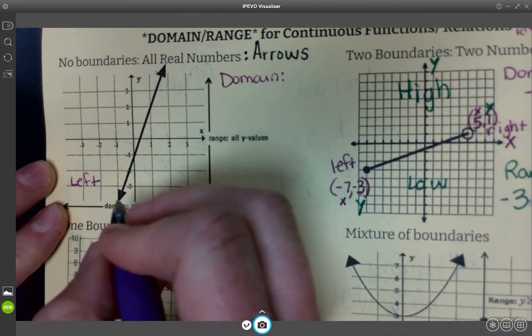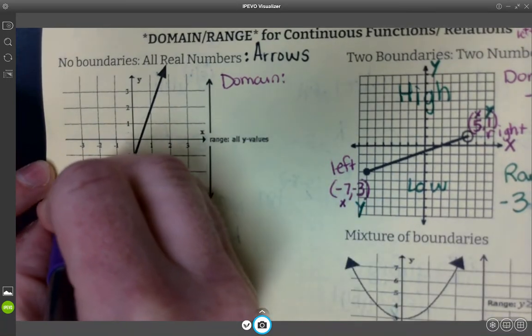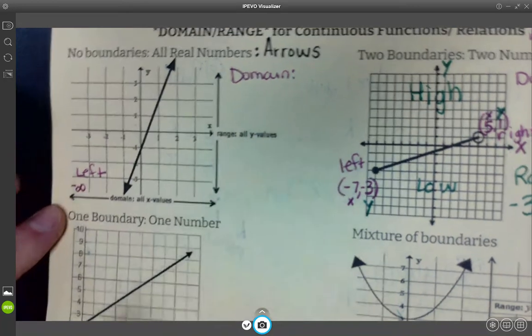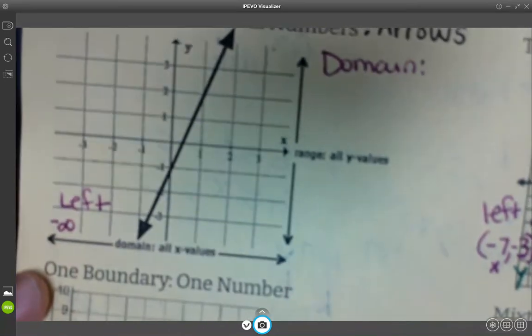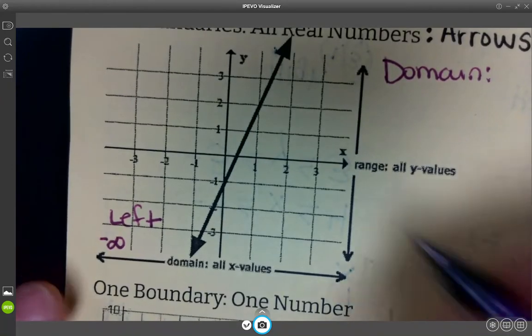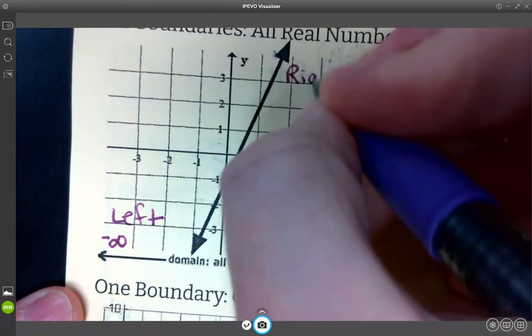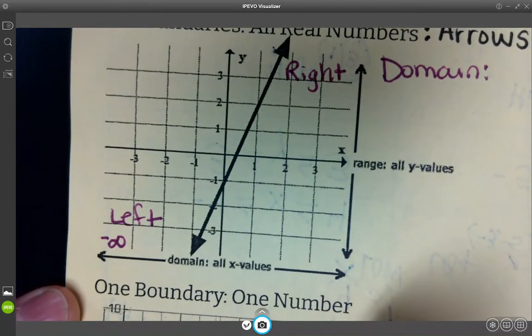Since it's going to go on and on forever to infinity, our left boundary, we don't have a boundary, so it's -infinity. Remember, it's got 8 on its side. And our right, going right on a graph like this, is a positive direction.